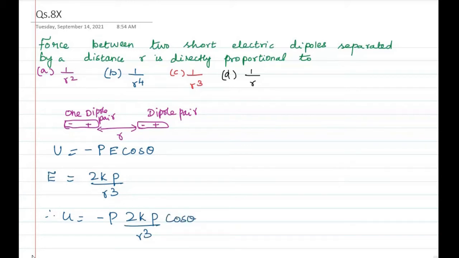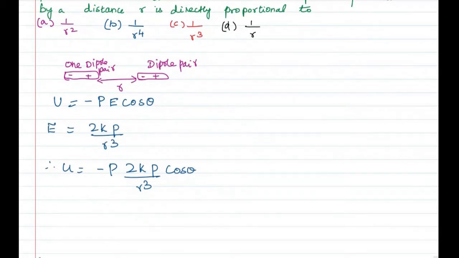So here theta is equal to 0 degree along the axis. Theta is the angle between the electric field and the dipole moment along the axial line.